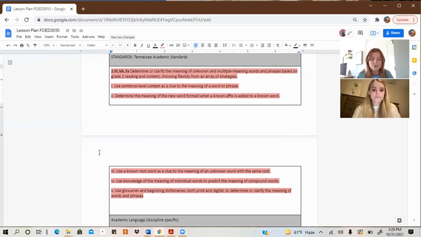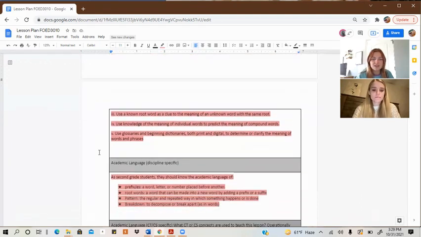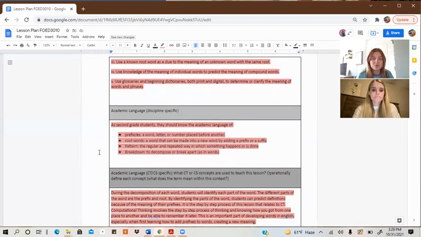Use a known root word as a clue to the meaning of an unknown word with the same root. Use knowledge of the meaning of an individual word to predict the meaning of compound words, and use glossaries and beginning dictionaries, both print and digital, to determine or clarify the meaning of words and phrases.